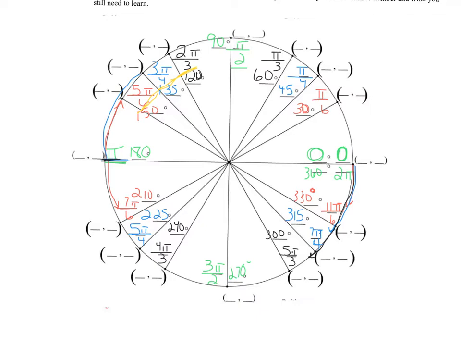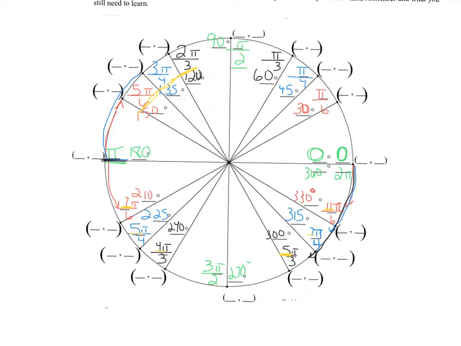In the third quadrant, the numerator is 1 bigger than the denominator, right? So 7/6, 5/4, 4/3. And then in the fourth quadrant, all of my numerators are 1 less than double my denominator, which if you really think about what we're doing with adding, that should make sense that it works that way. So 11 is 1 smaller than 12, 7 is 1 smaller than 8, and 5 is 1 smaller than 6.